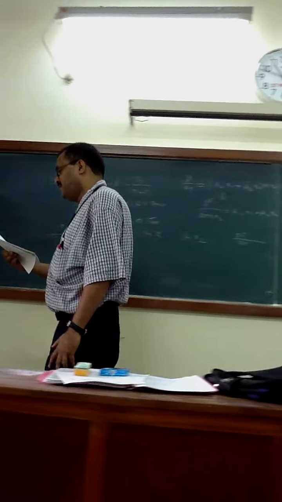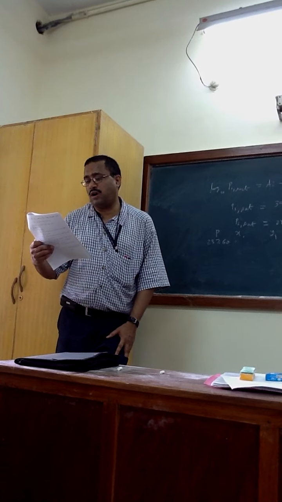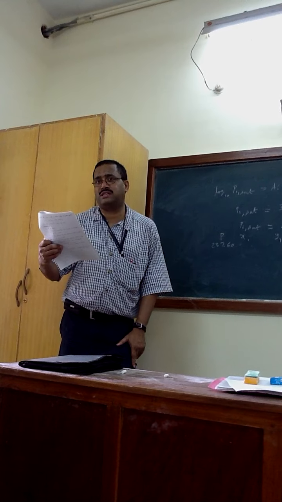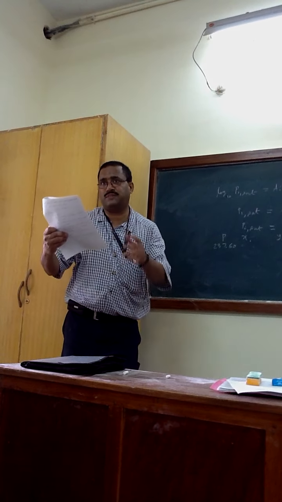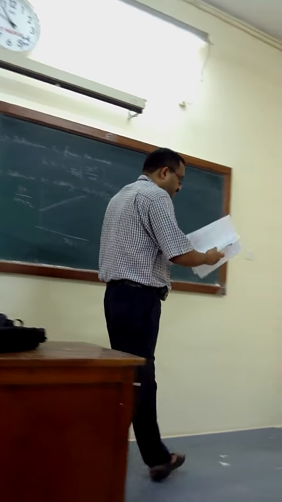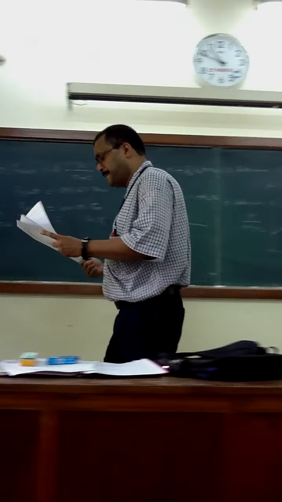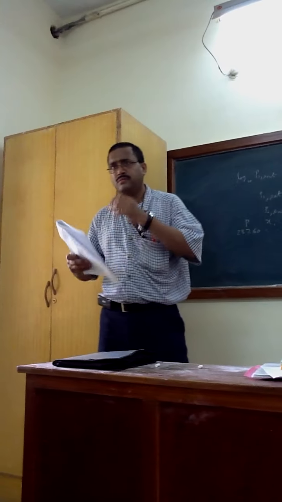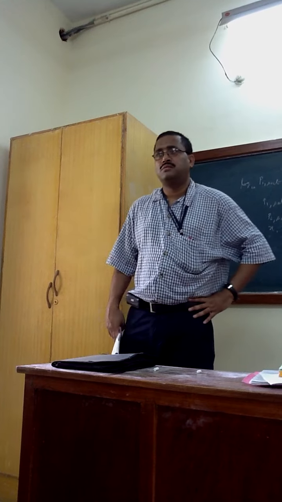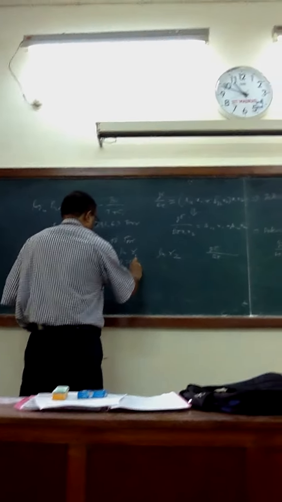P is given 237.6 kPa, y1 is given 0.187, divided by x1 0.087, P1 sat is given as 300 something. You get gamma 1, take ln, you get ln gamma 1. How much are you getting? I have given everything, the steps. You have to put the values in the calculator and get the answer. Yes, madam, 0.2635.